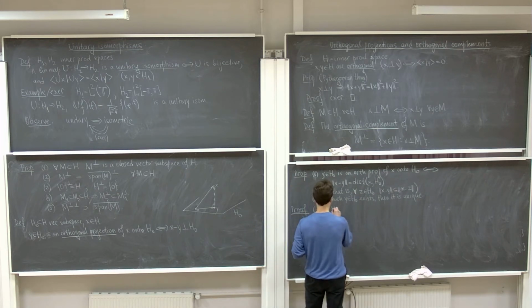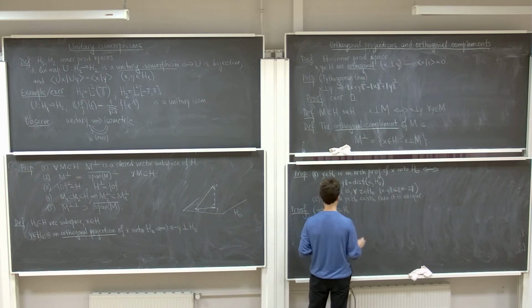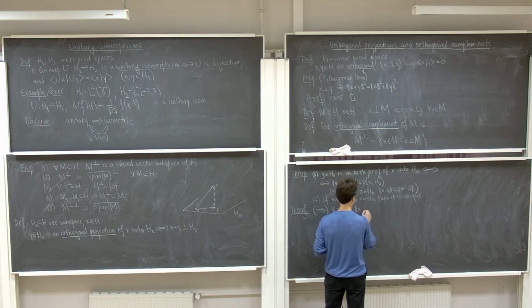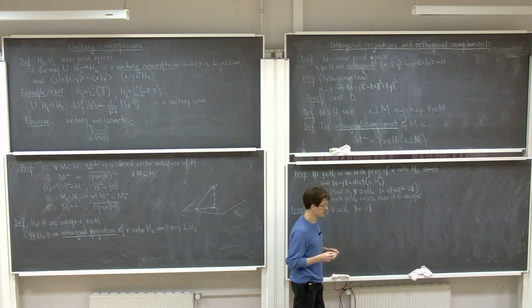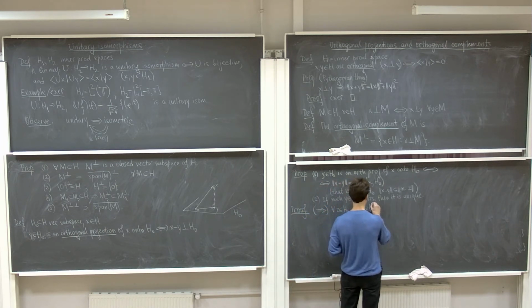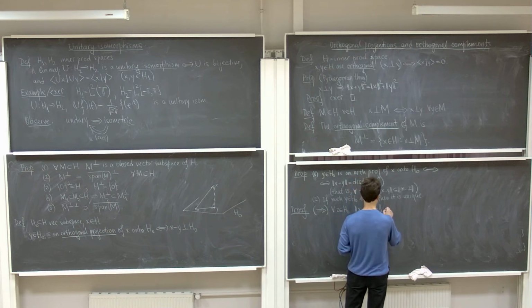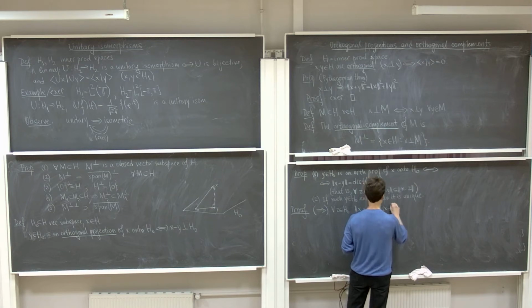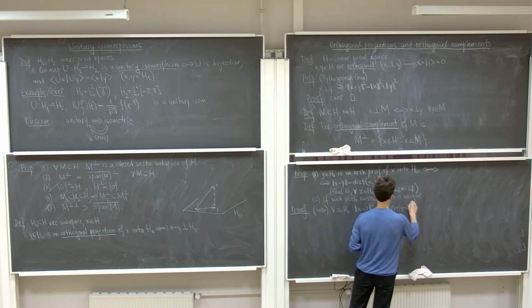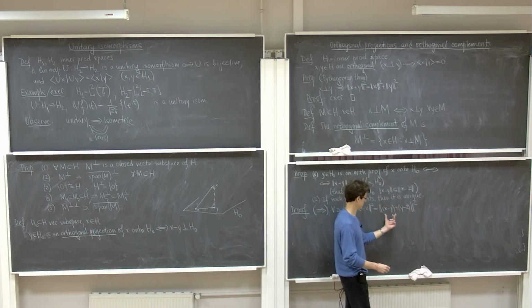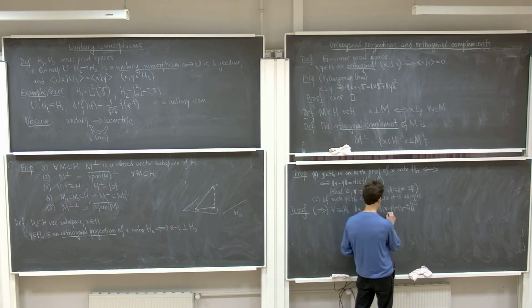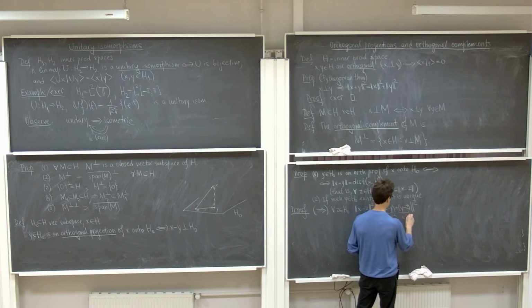So we take an element little z in H0, and let's calculate the distance between x and z as follows. For convenience, I take the square and write this in the following form: x minus y plus y minus z. Now, this element is orthogonal to H0, so it sits in the orthogonal complement, and this element sits in H0.